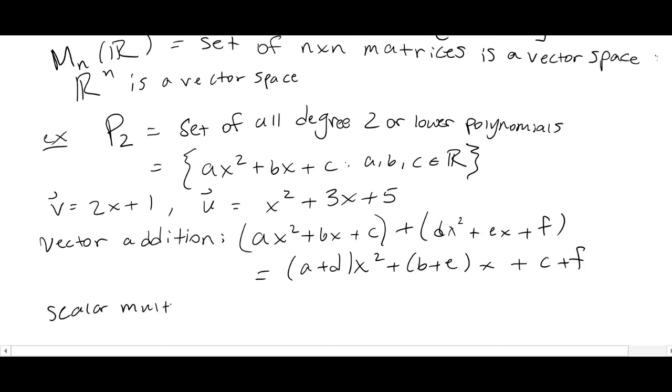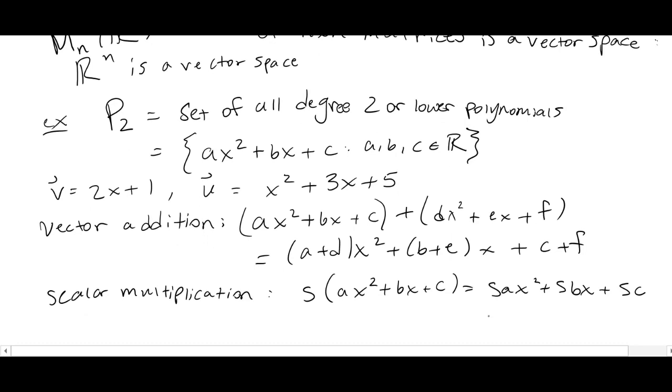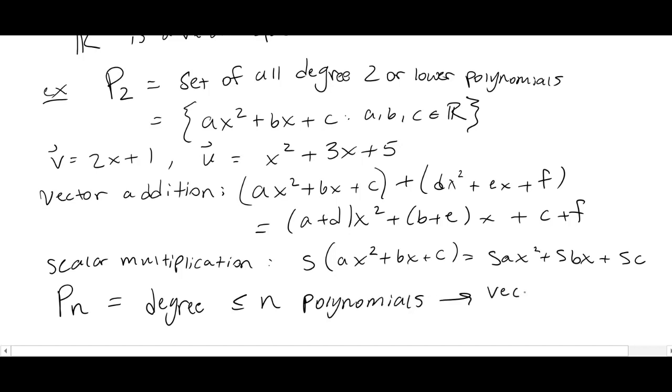And then you can imagine scalar multiplication just takes a number and multiplies it by each coefficient, distributing across like usual. So in general, Pn is a vector space. Degree n or lower polynomials. That's a vector space.